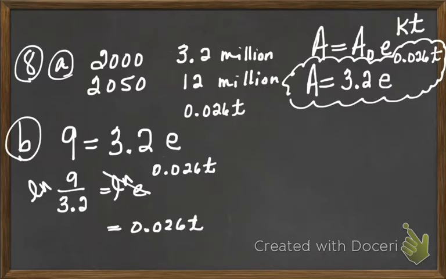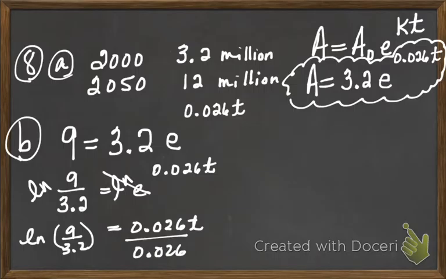And you'll just get 0.026t on the right, and then you'll get that ln 9 divided by 3.2. And then you'll just divide both sides by 0.026. And this should give us years, and then it says when, so we'll have to add that back to 2000. So if we punch that in our calculator, anybody already got it? 39. Does it round up to 40? Yes. Okay.